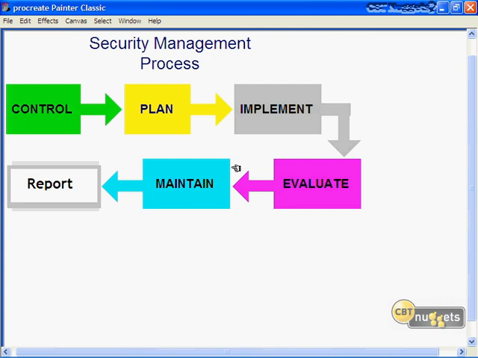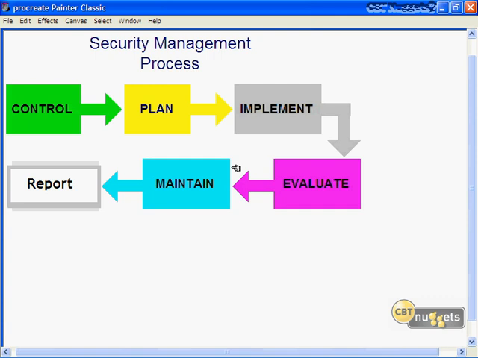This is the ongoing maintenance of the security aspect of the SLA and the organization. Maintenance is carried out on the basis of the results of the evaluation sub-process and the assessments and audits. If risks change due to changes in the IT infrastructure or in technology or in new vulnerabilities, you'll want to go back to the planning phase and implement new security controls.